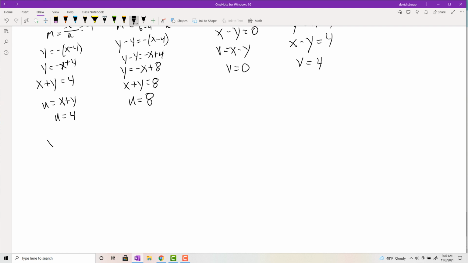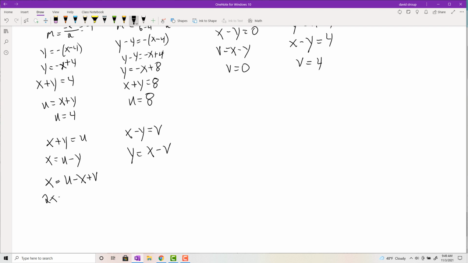So if x plus y equals u, then x equals u minus y. We have x minus y equals v. So y will equal x minus v, and so x equals u minus x plus v.